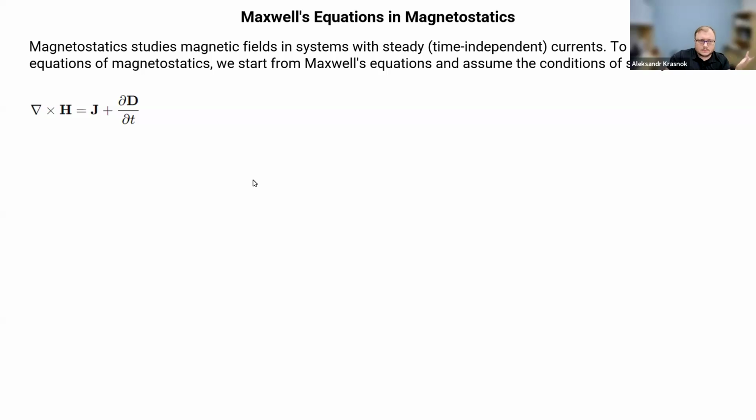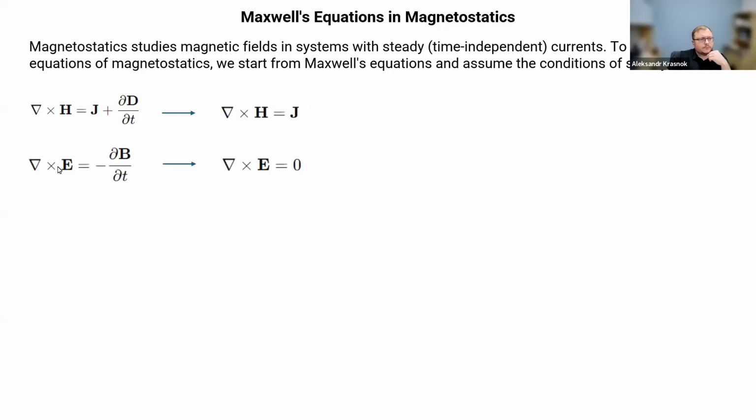How do the Maxwell equations change in this case? Starting from this equation, without the change of the displacement vector D, we get this equation that defines the curl of the magnetic field at any point. Basically it is equal to the current.